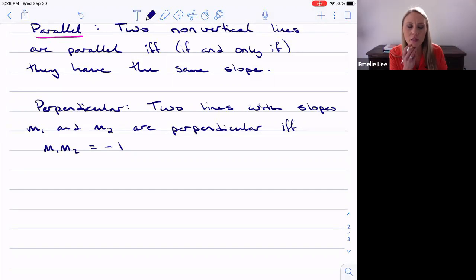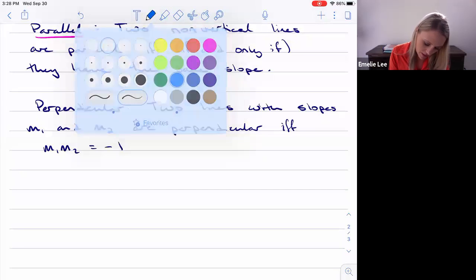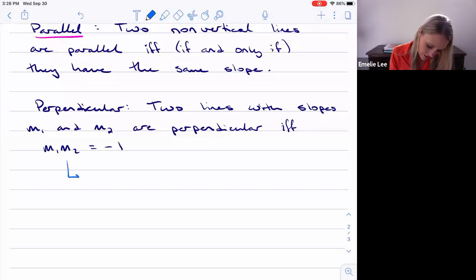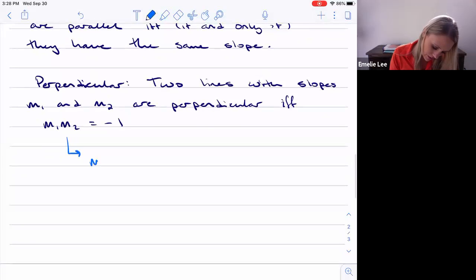So this would be the same as saying that I could rewrite it as m2 equals -1 over m1.